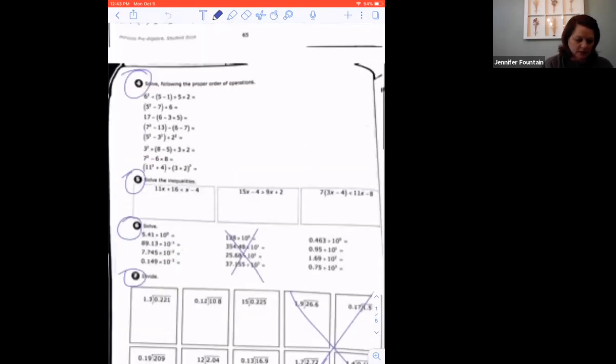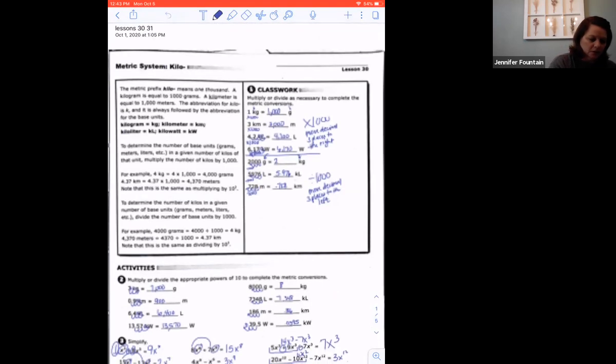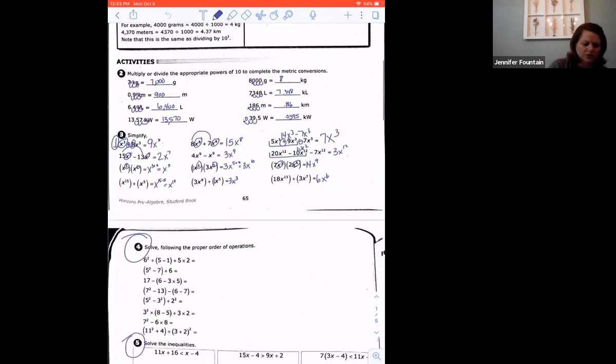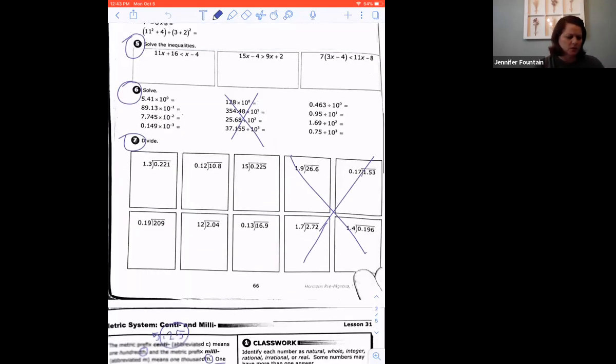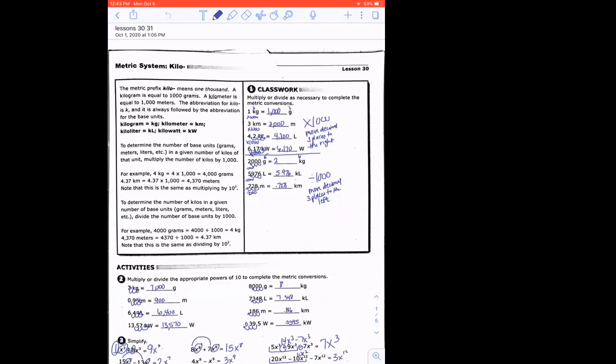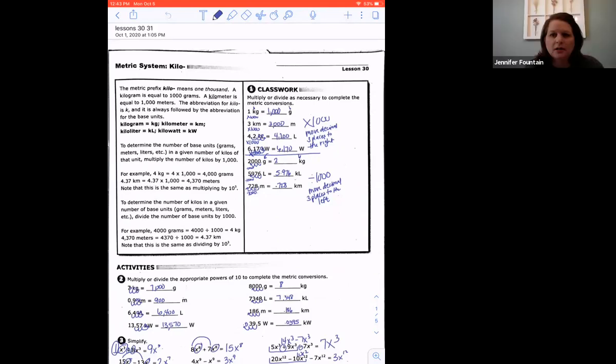Okay, so let's see. Homework. Was it just page 66 on the homework? Yeah, it was. Okay. I just want to make sure I didn't miss something. I only have these two lessons stuck together in here.